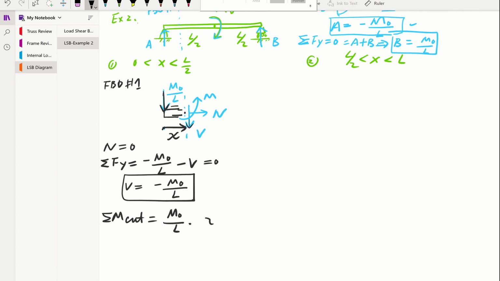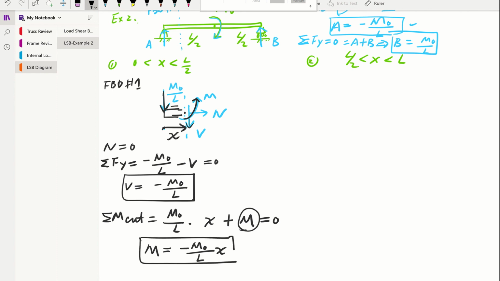So times x, and that's counterclockwise, positive. Then we have this internal bending moment M that we are solving, which is counterclockwise, so it's positive in the equation. Again, be mindful of what you're solving: the internal bending moment M. So M is equal to negative M0 over L times x. That's the expression for the bending moment.